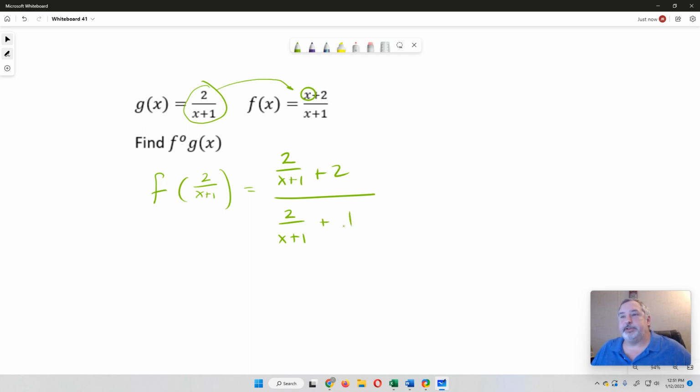We've done our substitution. Now we've got to simplify by simplifying the numerator and simplifying the denominator, and then simplifying it one last time to get a single rational expression. So first step, we have to do our LCD and get equivalent fractions.